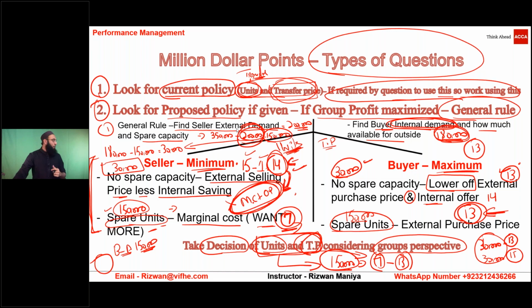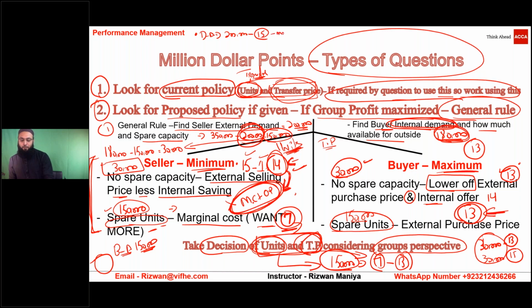So through this you took a decision, and the decision was what? How many units of internal transfer? So 150. And A will sell 200 outside. The question said to discuss this. So what are the key things that you will write here? Simple. For division A, it's feasible to sell 200,000 at 15.